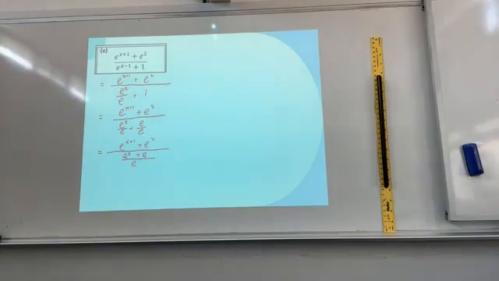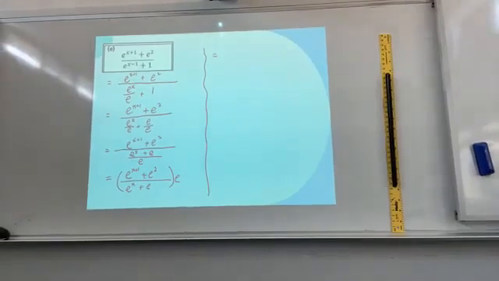Do you all agree with me? Yeah? Now what I'm going to do is rewrite this as e to the power of x plus 1 plus e squared over e to the power of x plus e, times e. Correct? And therefore, with the numerator, I'm going to rewrite it as e to the power of x times e plus e squared, over e to the power of x plus e times e.